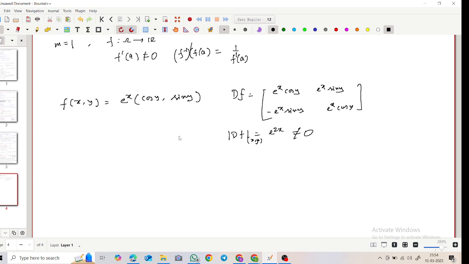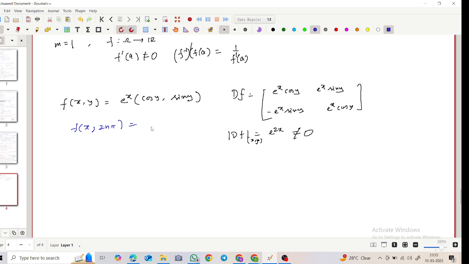Now one natural question should be, how did I think about this function? And clearly you can see, if you fix x and add 2n pi to y, cos y and sin y are periodic, so yes, this is periodic, right? But how did I come up with this example?